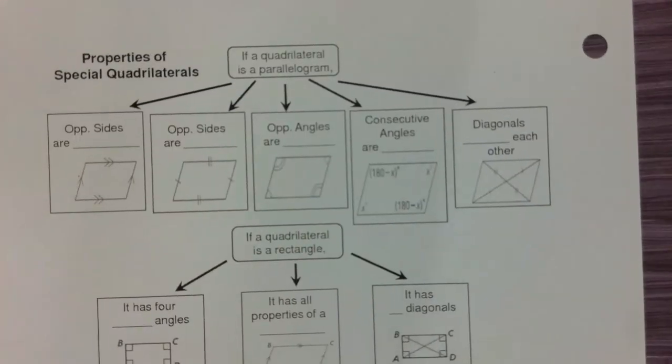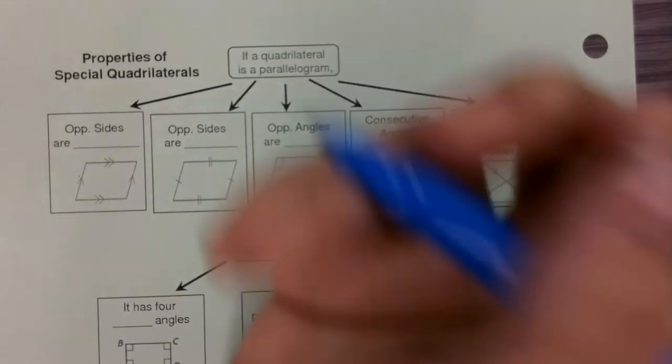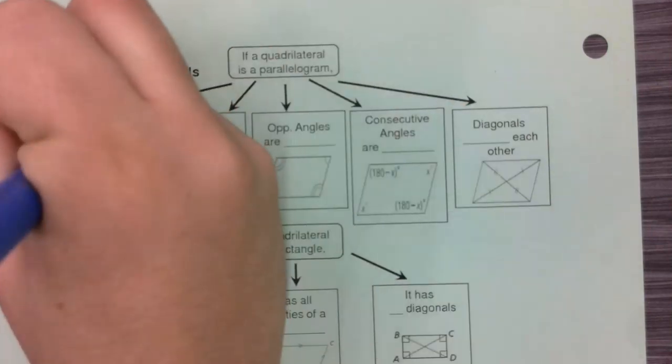Okay, so now we're talking about specific properties of special quadrilaterals. So if it's a parallelogram, opposite sides are parallel.